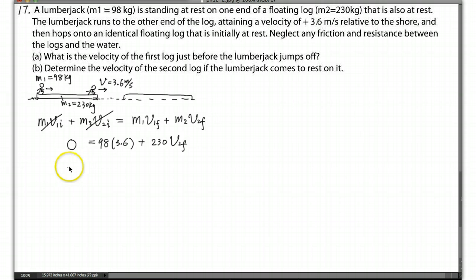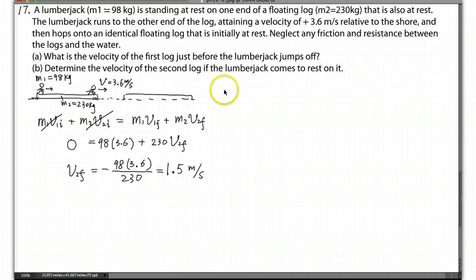You can solve: v2 final equals, this one becomes negative, so negative 98 times 3.6 divided by 230 equals 1.5 meters per second.